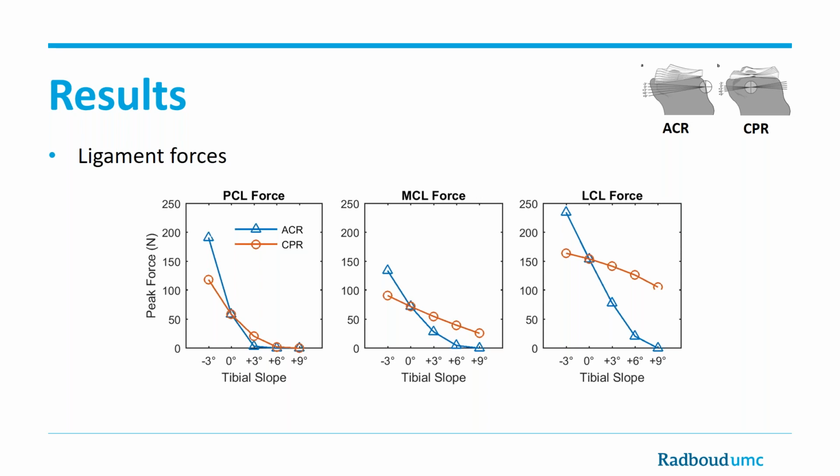However, the effect of ACR, as also expected from the laxity test, is much more dramatic than the effect of CPR. And we observe here, for instance, with PCL, MCL, and LCL completely slack with the large degrees of slope, which could lead to instability in the tibiofemoral joint.